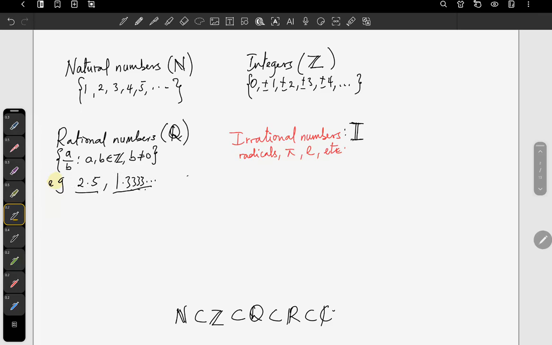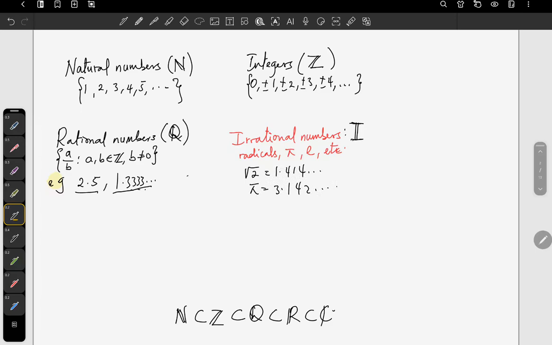But irrational numbers, when we express them as decimal numbers, are non-terminating and also non-recurring decimal numbers. For instance, the square root of 2 is an irrational number, and that is 1.414 and so on. The same thing with pi, which is equal to 3.142 and so on, and e, the Euler constant, 2.718 and so on.